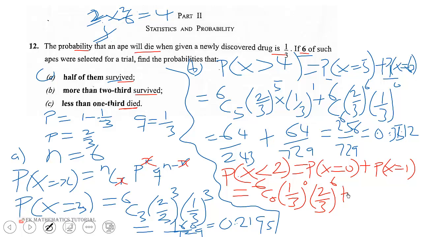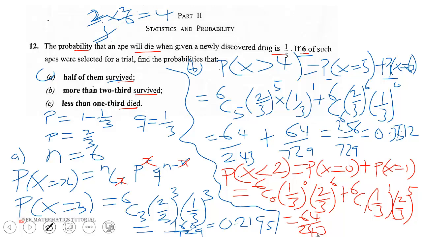Then we add to it 6 combination 1, then 1 over 3 exponent 1, 2 over 3 exponent 5. So this will simplify to give us 64 over 243.